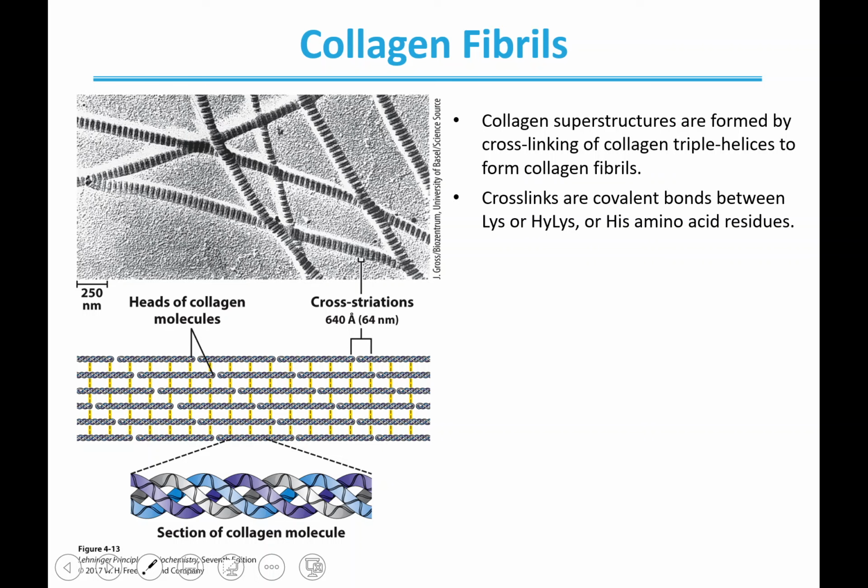And you have lots of these, but then they're being cross-linked together. And that's forming a very strong material. Okay, and those cross-links, unlike in alpha-keratin where cross-links are disulfide bonds, the cross-links in collagen are between lysine or hydroxylysine and histidine amino acid residues. Okay.